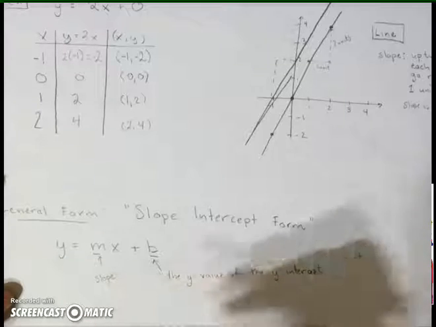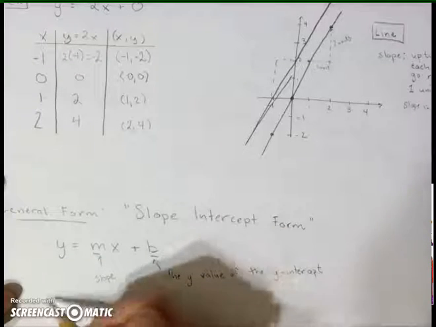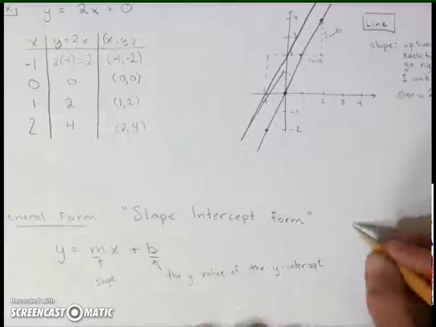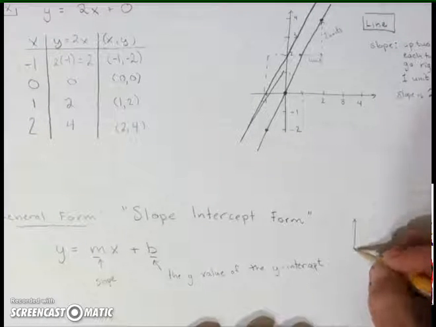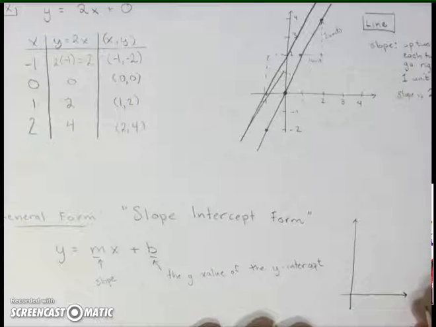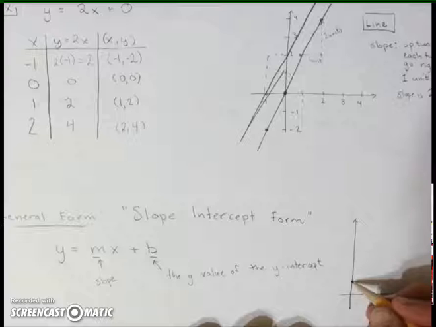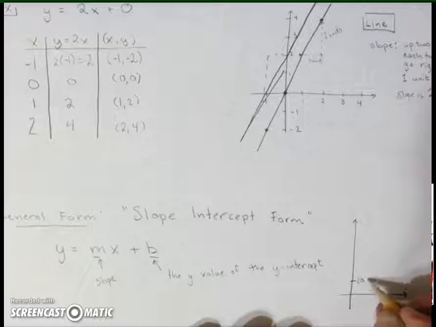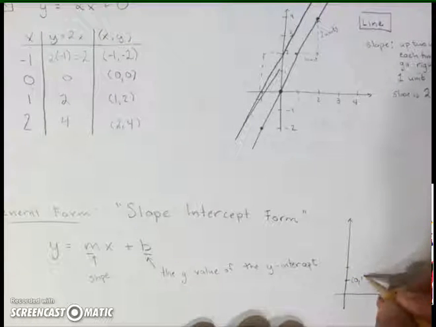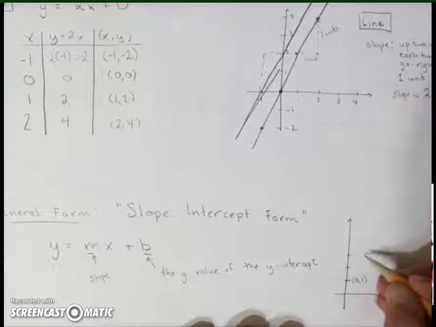So let's look at another example, just to show you what's going on here. So say I start at, here's my line. This is the point 0, 1, and go up 3.